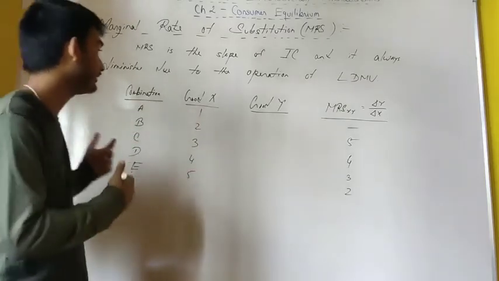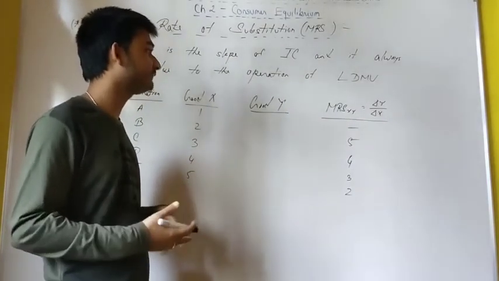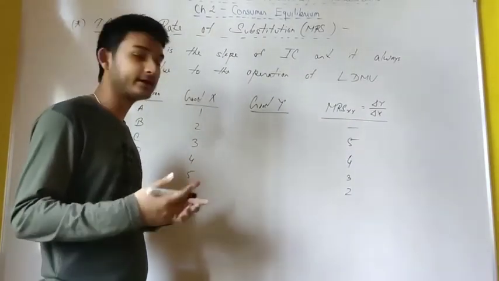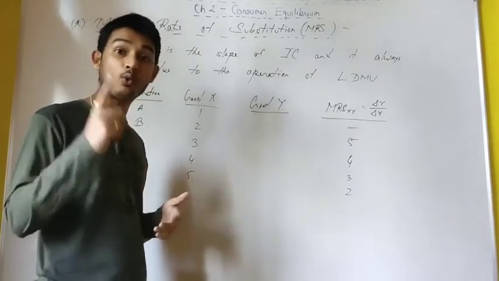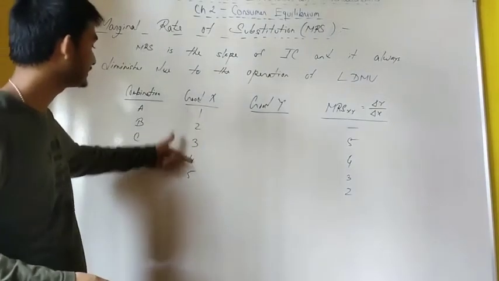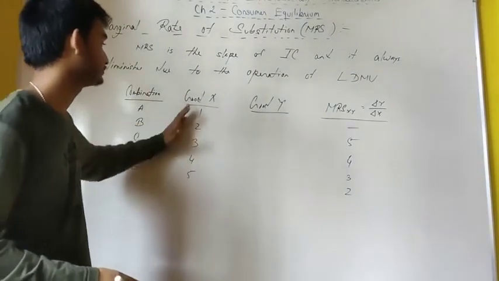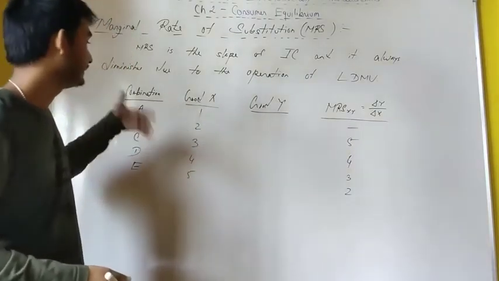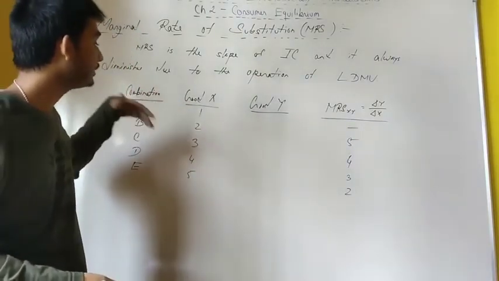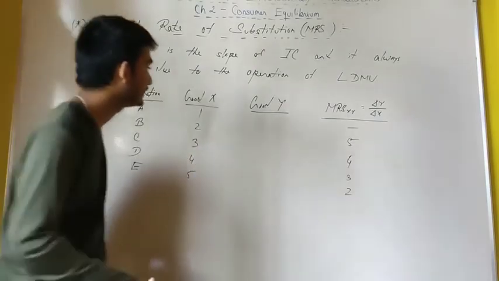If we rewind this video, you will find that we defined MRS as the amount sacrificed in one good in order to increase consumption of one more extra unit of another good. Hence here we are increasing the consumption of good X by one more extra unit: 1, 2, 3, 4, 5 and like that.